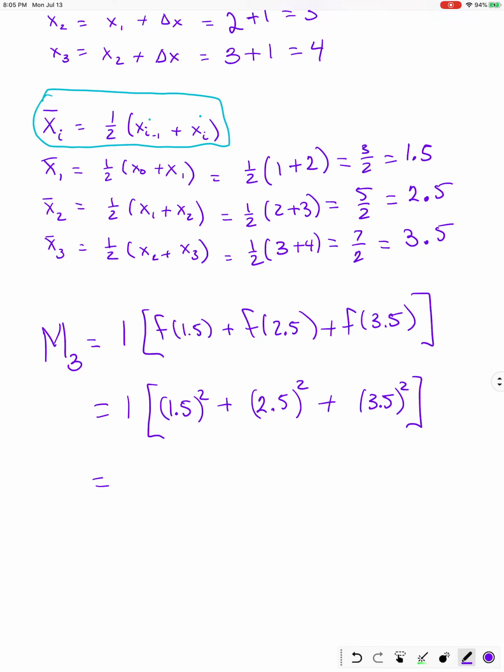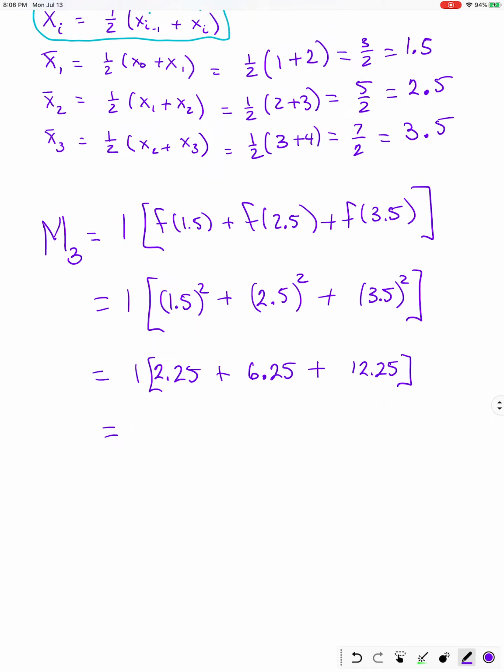So when I do that in my calculator, I get 1.5 squared is equal to 2.25, and 2.5 squared is equal to 6.25, and 3.5 squared is equal to 12.25.